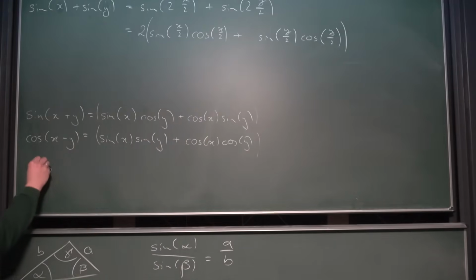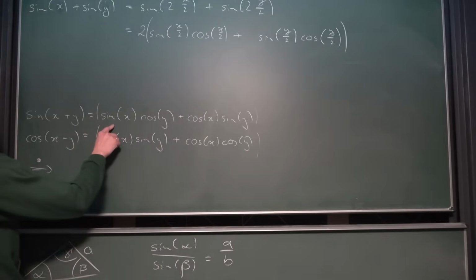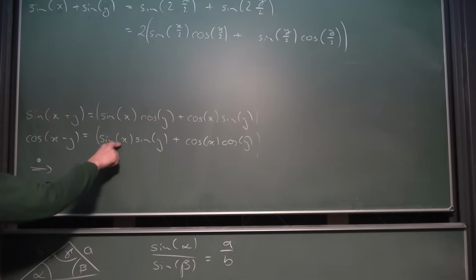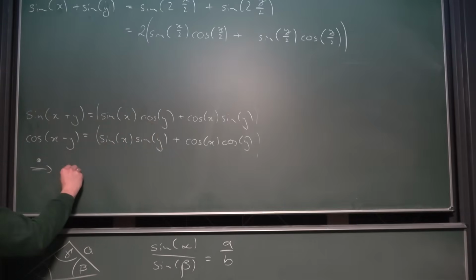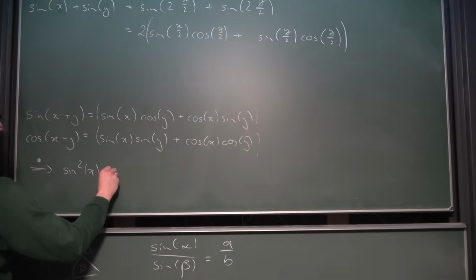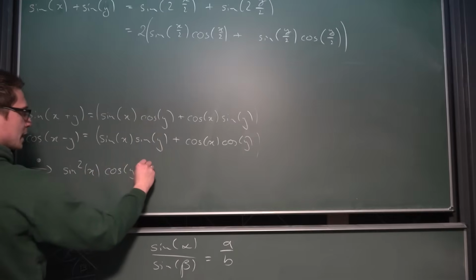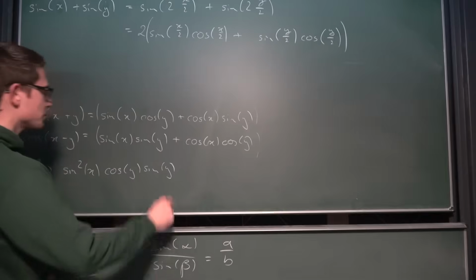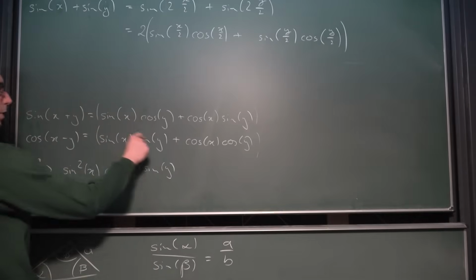If we were to multiply those two together, we are going to get the sine of x times the cosine of y times the sine of x, so sine squared of x, and then the cosine of y times the sine of y. This right here is the first part. Now for the second part, we use this one with this one.